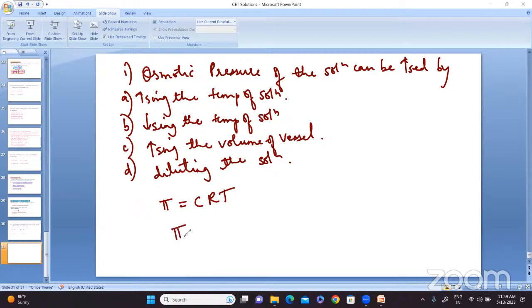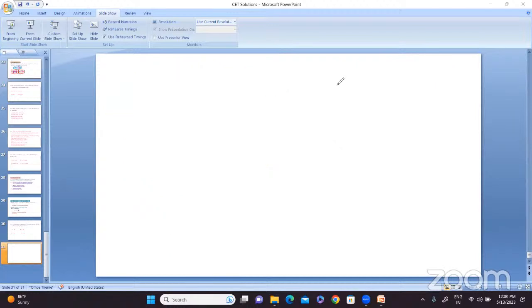Osmotic pressure is directly proportional to concentration as well as directly proportional to temperature. So if you increase the temperature, your osmotic pressure also will be increased. So you have to increase the temperature of the solution. The answer is A. So this is the first question, and we'll go for the next one.